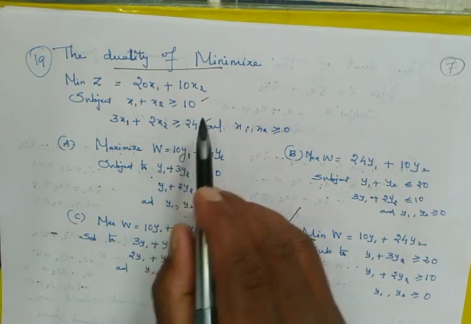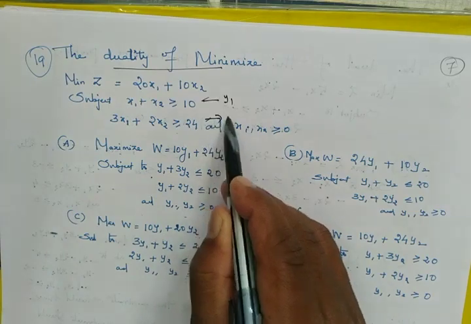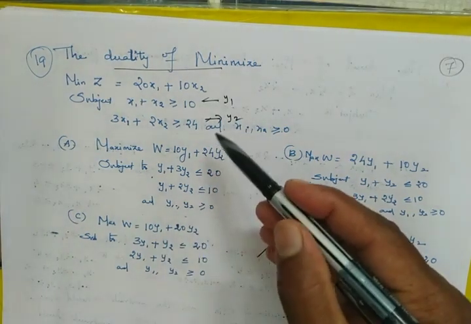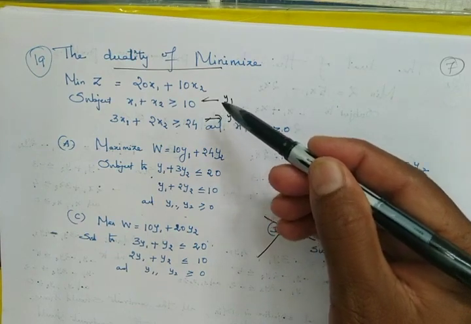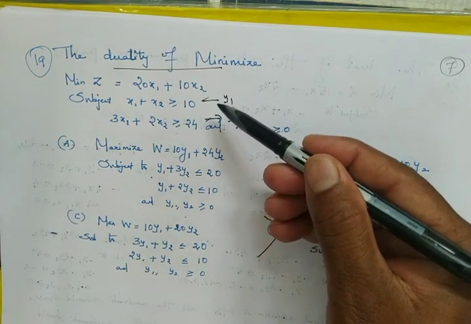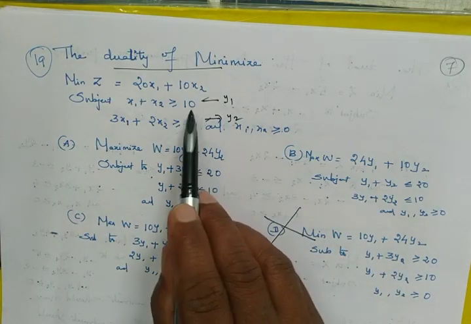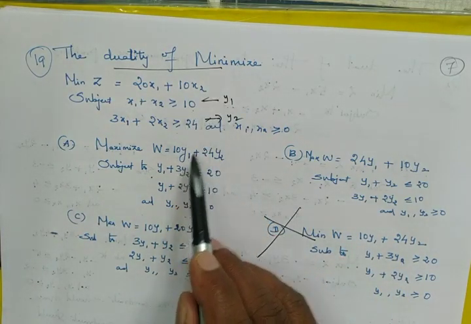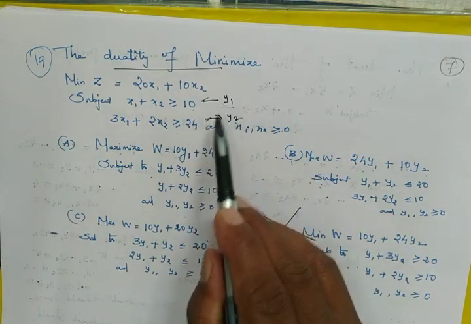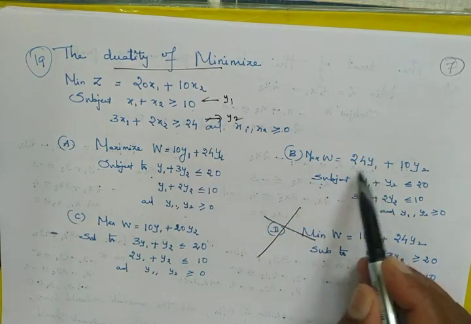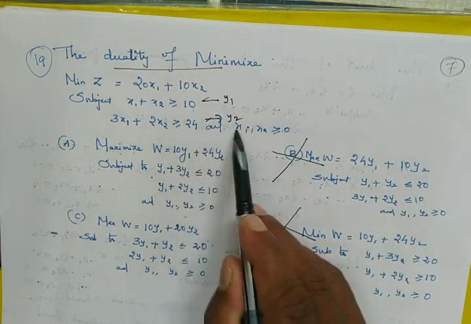Two constraints, so assign the variables y1 and y2. The right-hand sides of the constraints reflect in the dual objective function: 10 into y1, 24 into y2. So 24 into y1 is the wrong answer. It is 10 y1 plus 24 y2.